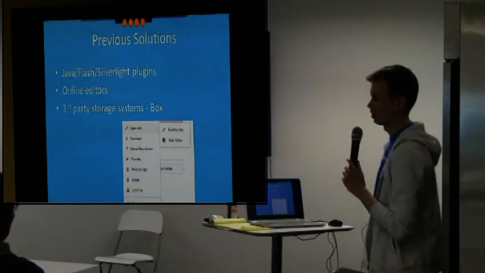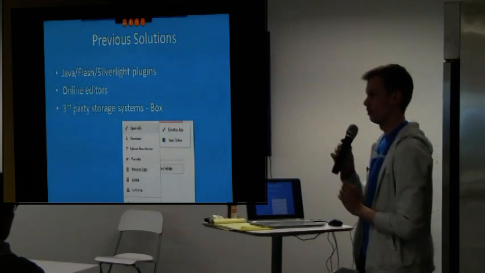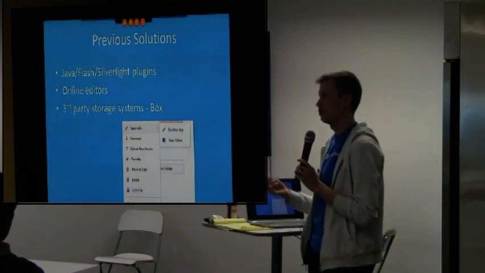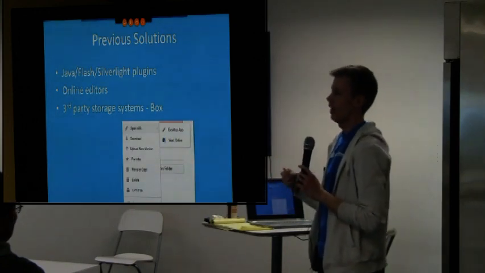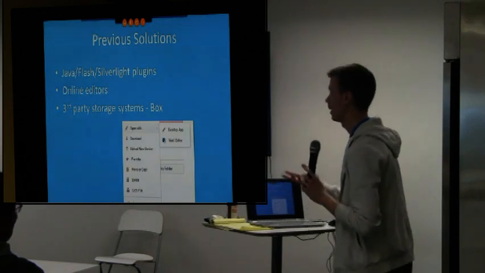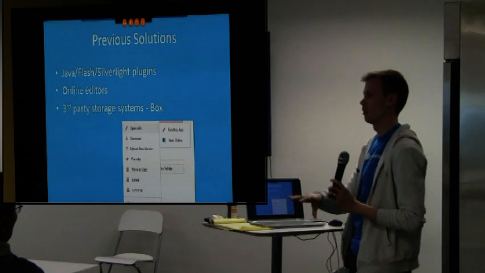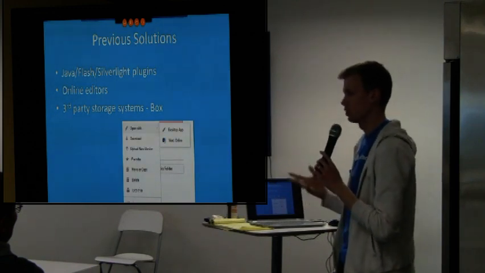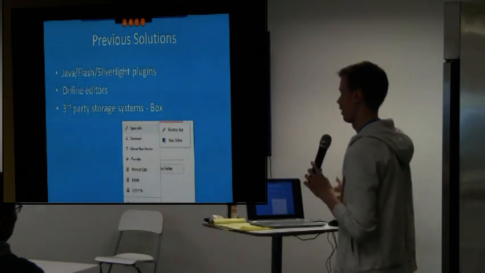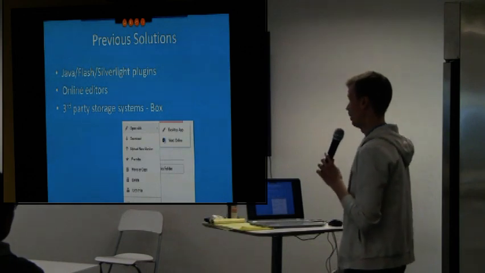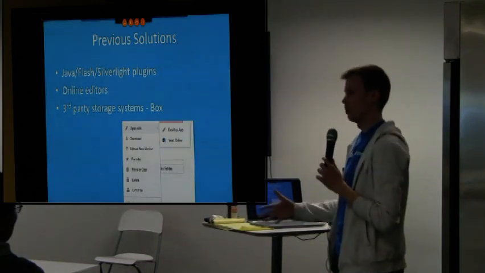Then there are online editors as well, but those are going to have limitations as far as the file types that you can actually edit, and the editing capabilities are usually limited compared to something you can do natively in Word or Excel. And then there have been third-party storage systems that have popped up.